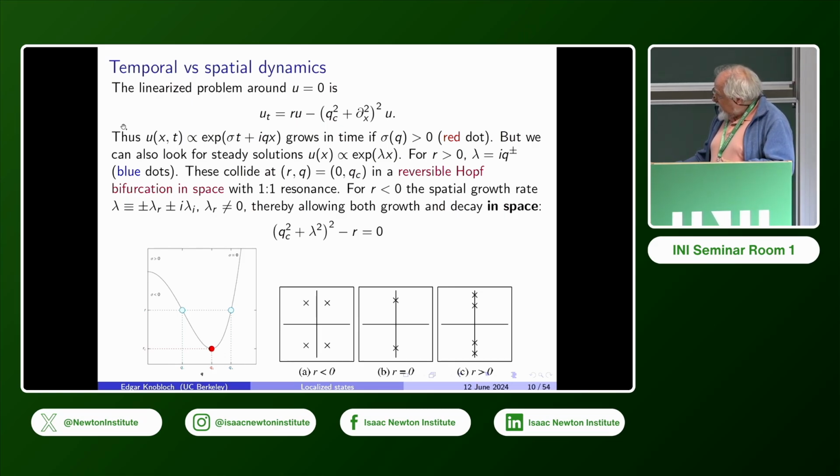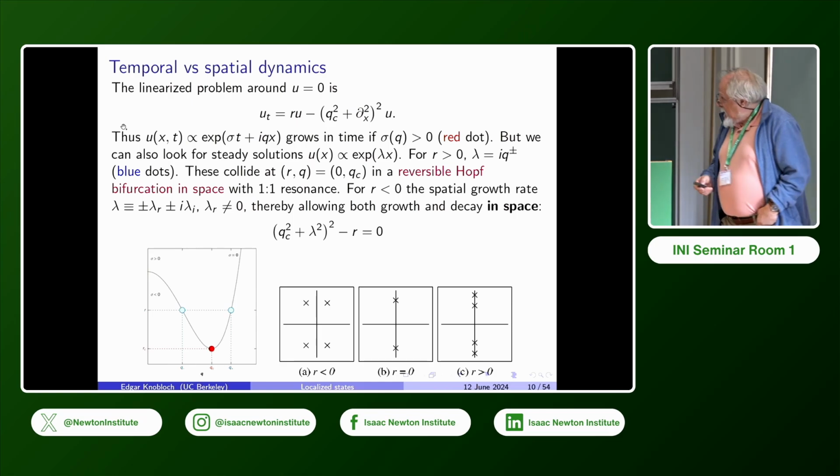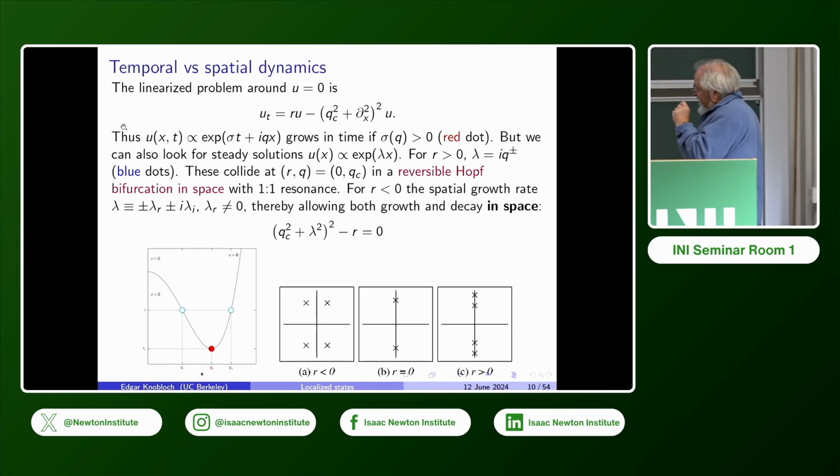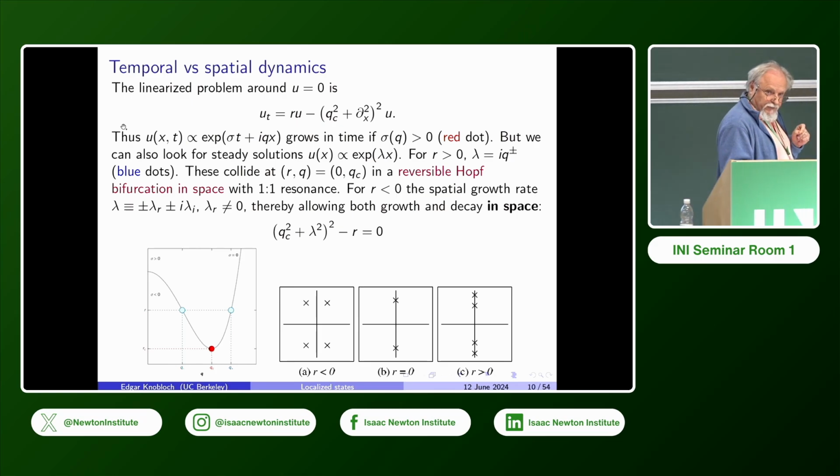So this is the parameter r, the bifurcation parameter, on the vertical axis, and the wave number of the disturbance is on the horizontal axis. And of course, if you increase the bifurcation parameter, then at this particular value, r critical, which is equal to 0 here, this is where you first generate an instability. This is the standard way of thinking about pattern formation. But I actually prefer it a slightly different way. I want to just look at stationary or time-independent solutions.